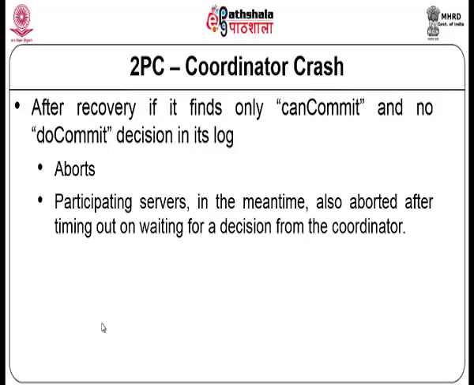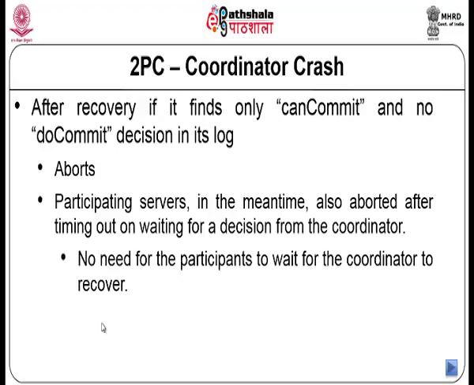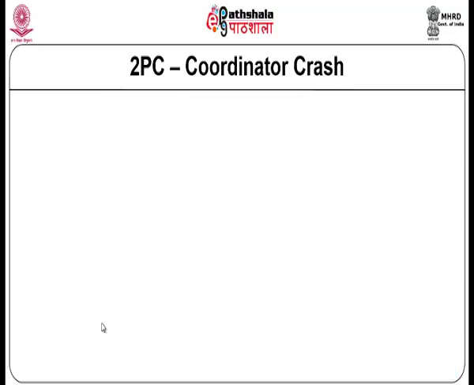The participating servers, what are they doing? They will wait for some time, but after a timeout, the participating servers will decide that the coordinator has failed and therefore we can continue.